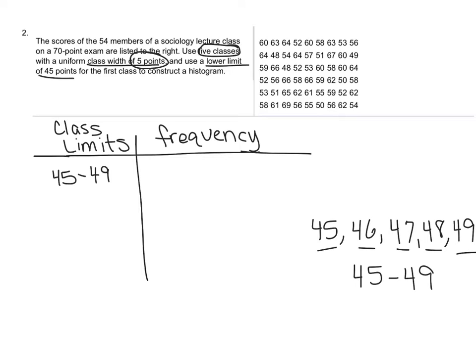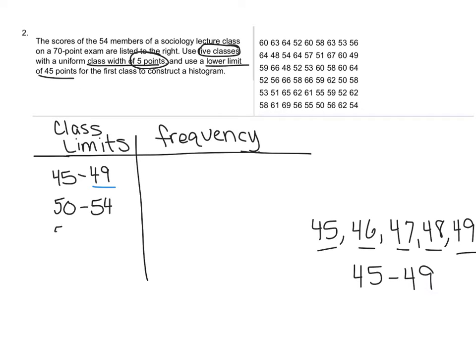Next, I have a second class, which is going to be 50, because you always go consecutively. So we dropped off at 49, so we're going to start back up again with our new group at 50. And then 50 is going to go to 54, because again, we just want to include 5 numbers, including 50.